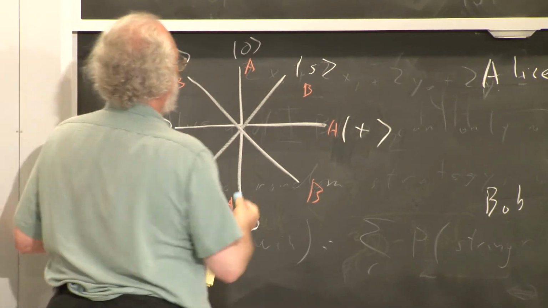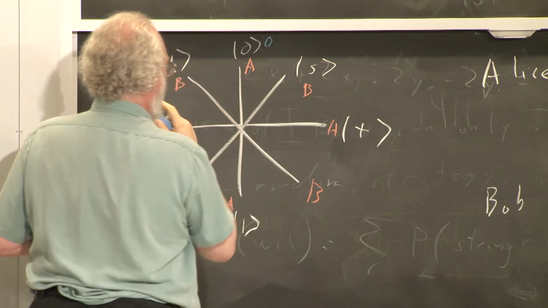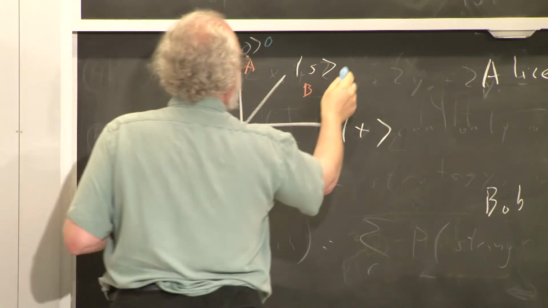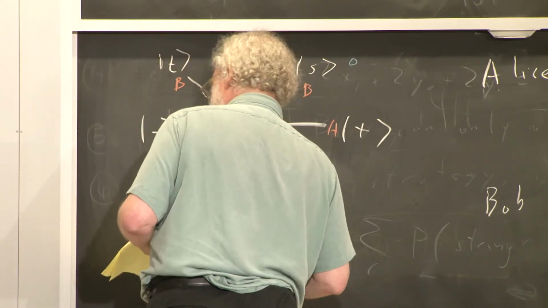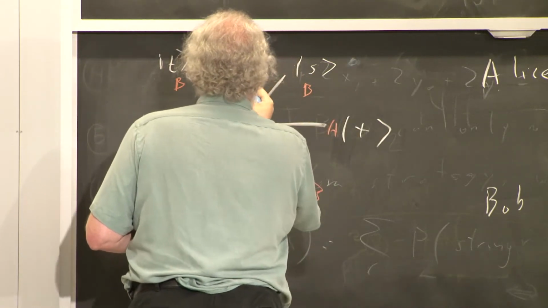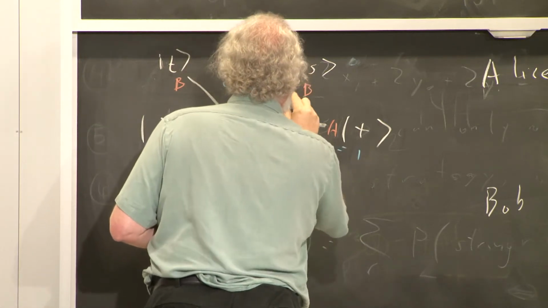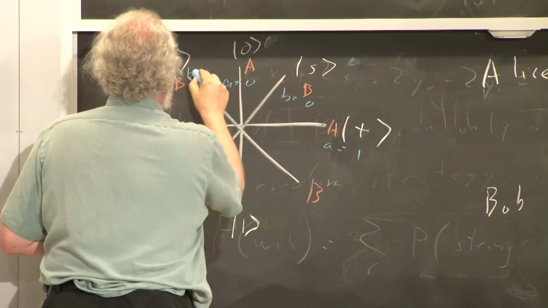And here, this is, I guess, 0. I want A equals 0, A equals 1, B equals 0, and B equals 1.